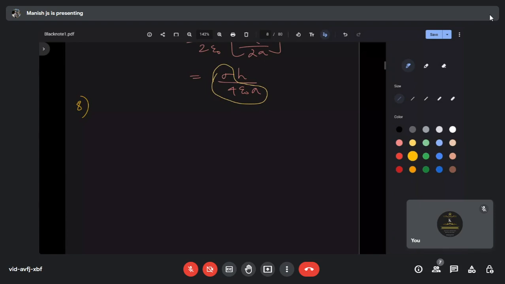Net charge distribution, instead of linear, just change it. You just take it as a charge distribution.